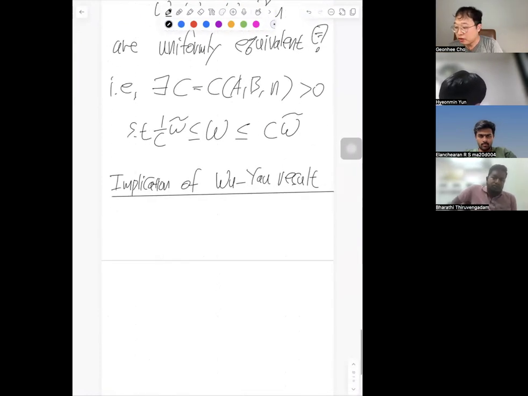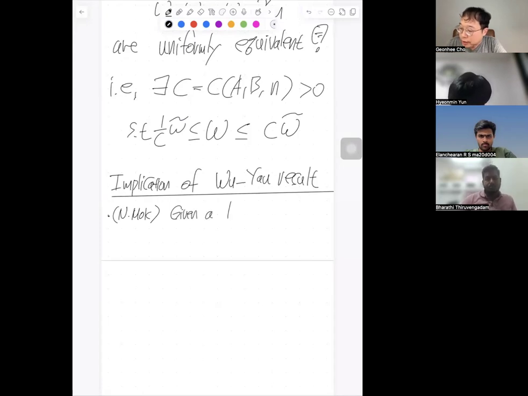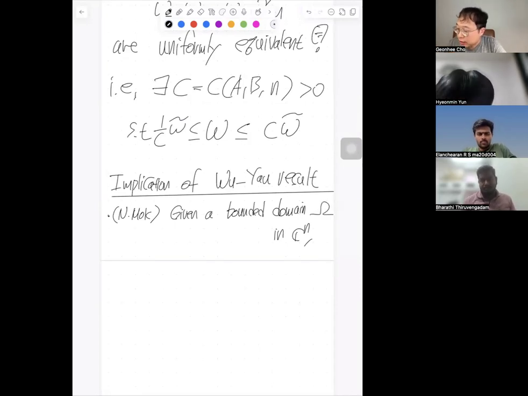Then what we know is the result of Professor Mok at Hong Kong University. Given a bounded domain in Cn, let me call it omega.